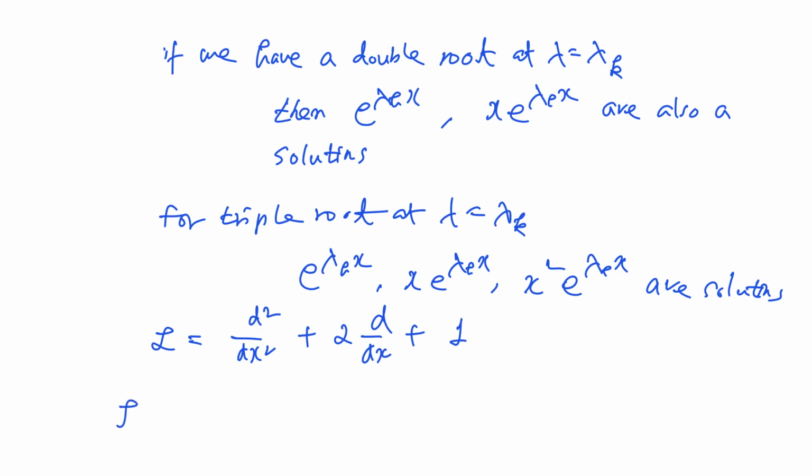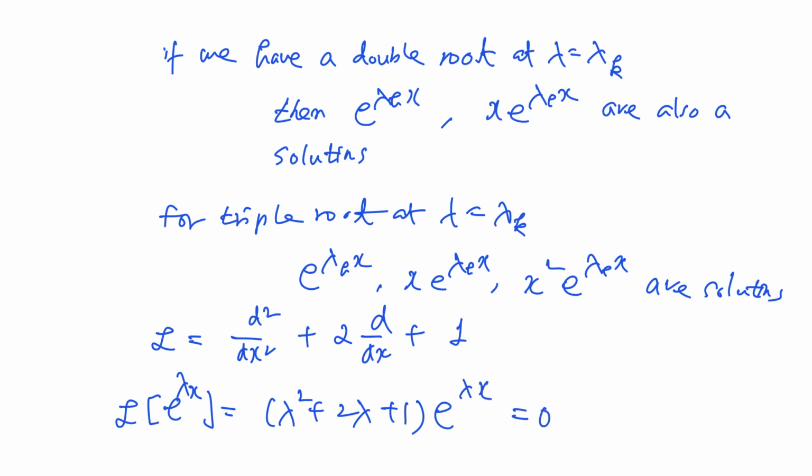Then L of exponential lambda x gives lambda squared plus 2 lambda plus 1 times exponential lambda x, which is equal to 0. Lambda is minus 1, right? Double root. So in this case, we know that the solution is given by exponential minus x and x exponential minus x. Very easy.